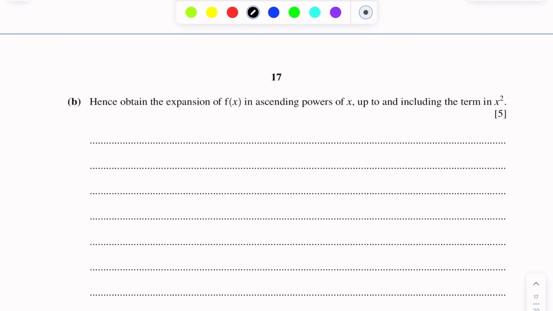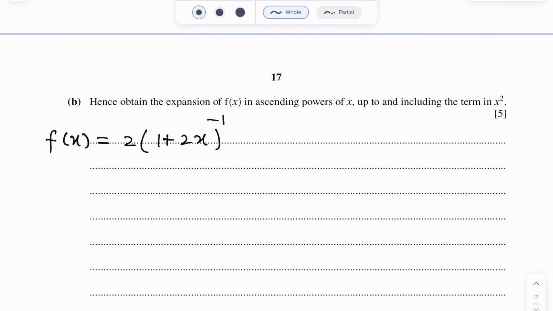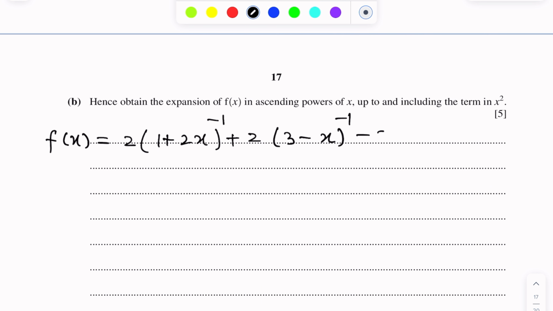So first we write this function f(x) is equal to 2 into (1 plus 2x) to the power negative 1, we will write in this form because we have to apply here the binomial theorem, plus 2 into (3 minus x) to the power negative 1 minus 3 into (3 minus x) to the power negative 2.